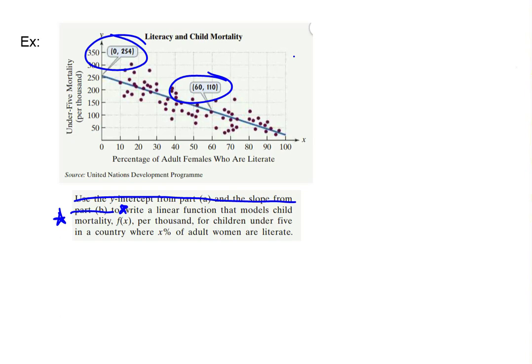Now, if that's what we're given, and we want to find the equation of this line, it doesn't really tell us exactly which form to use. We could use slope-intercept form, y equals mx plus b, or we could use point-slope form. We'll probably just shoot for slope-intercept form because we're given the y-intercept as part of this chart, the point 0, 254.